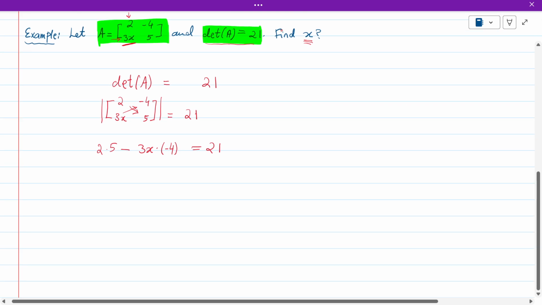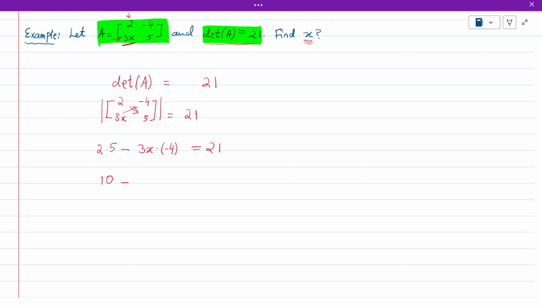Now, simplify this. 2 times 5 is 10, minus times this minus will be plus. In fact, I should say negative times negative is positive. So I write plus. Now 3x times 4 is 12x, so 10 plus 12x equals 21. Now this is a linear equation and you are very familiar with it. You know how to find x here.